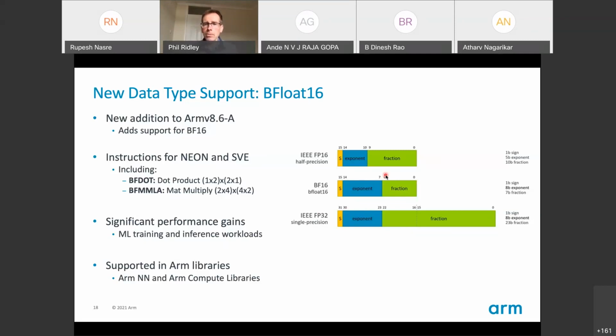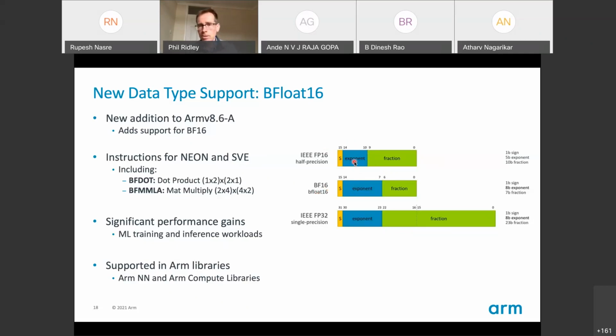It's not good enough to just use half precision, which has been around a while, because with half precision, you've got a smaller exponent, so greatly reduced range. So even though you've got more precision than you would have with the bfloat representation, you lose a lot of range.